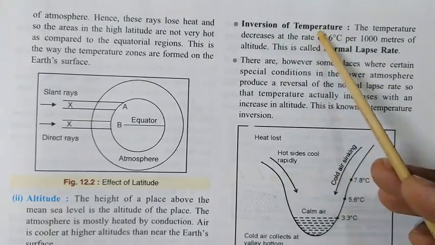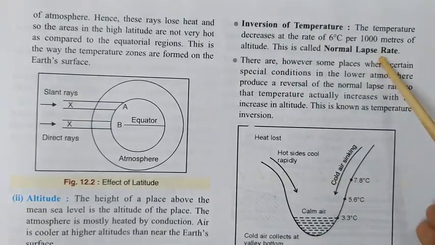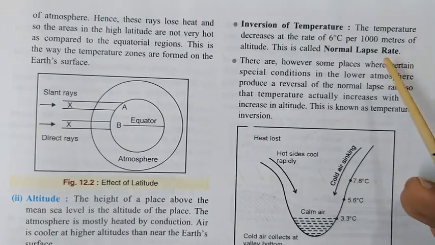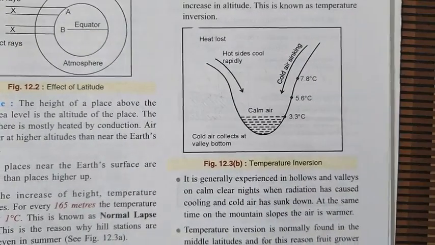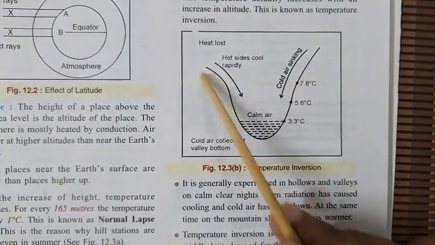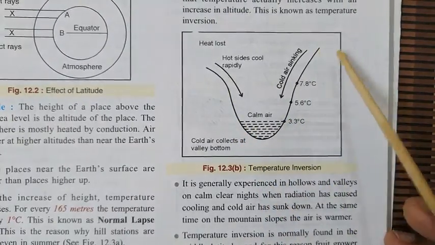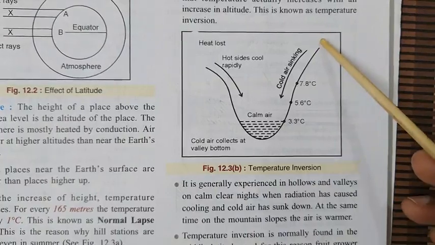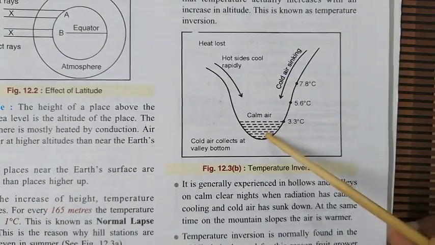Inversion of temperature is just the opposite of the normal lapse rate. Now look here, this figure gives you a very clear picture. This is a valley. During the night the cold air sinks down in the valley.